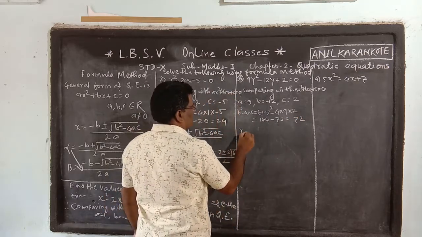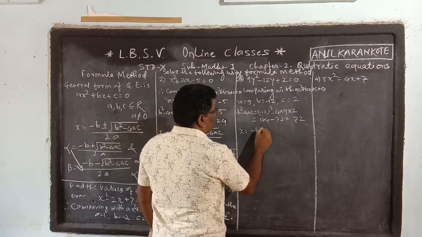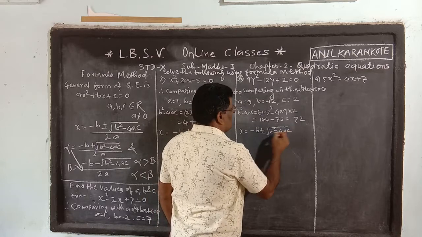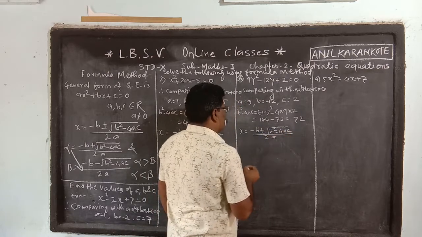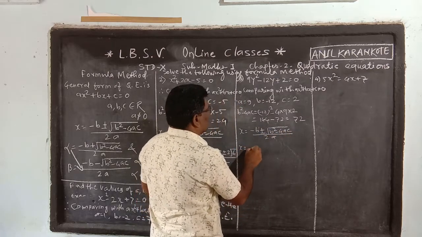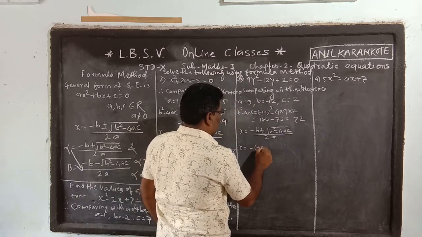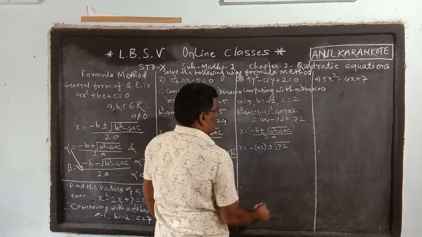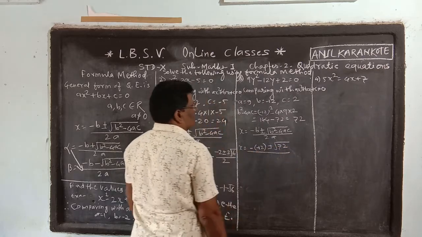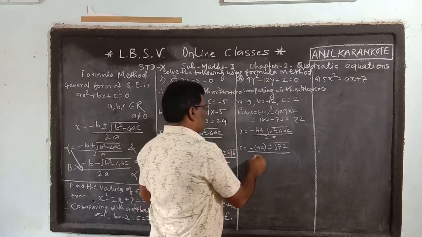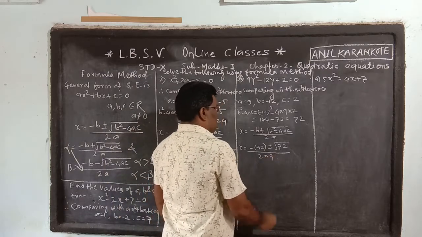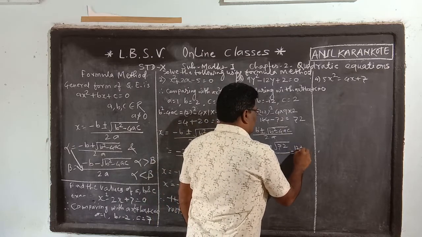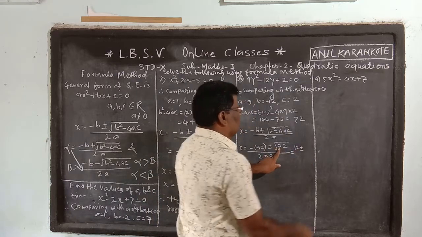Therefore roots are x is equal to minus b plus minus square root of b square minus 4ac upon twice a. x is equal to minus b, that is 12, plus minus square root of 72 upon 2 into 9.